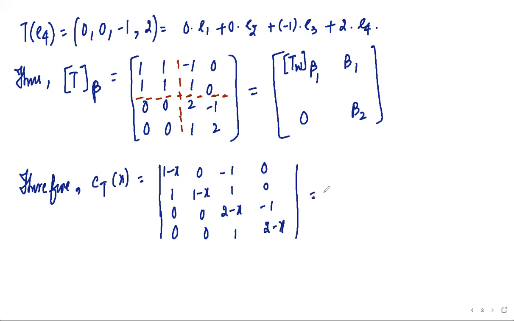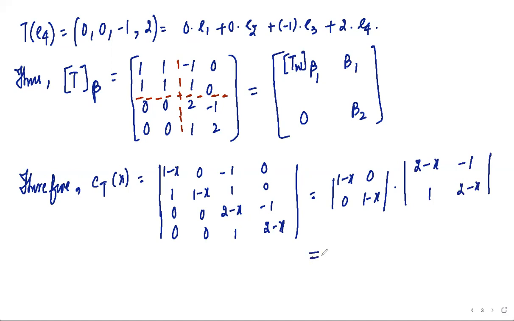This can clearly be seen to be equal to the determinant of [1 minus x, 0; 0, 1 minus x] times the determinant of [2 minus x, minus 1; 1, 2 minus x].